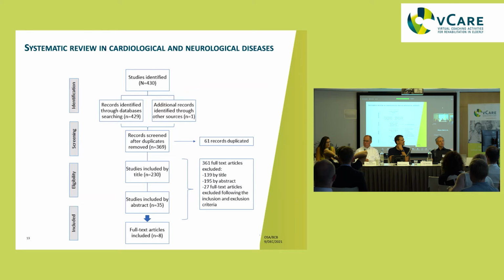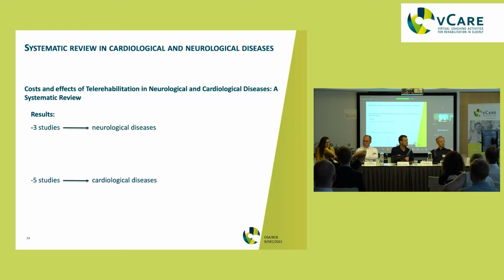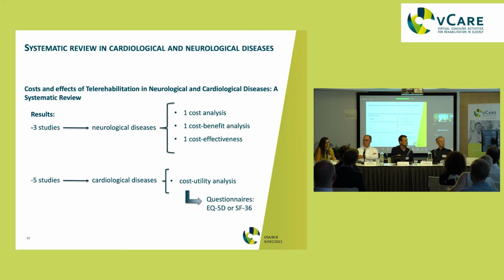Initially, we found 430 studies that match our keywords, but then according to our inclusion and exclusion criteria, we found just 8 published manuscripts that meet our criteria. So 3 studies were neurological diseases, actually all of them stroke, and 5 studies were for cardiological diseases.